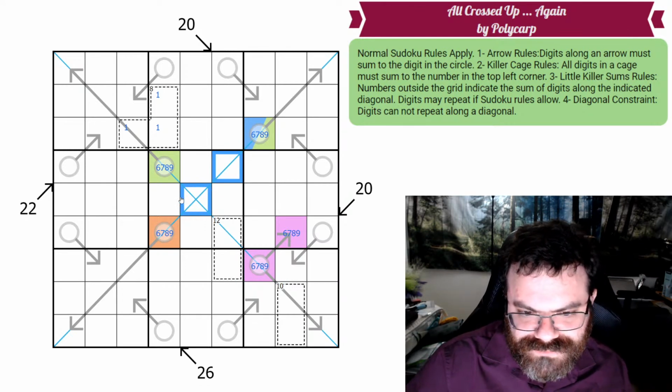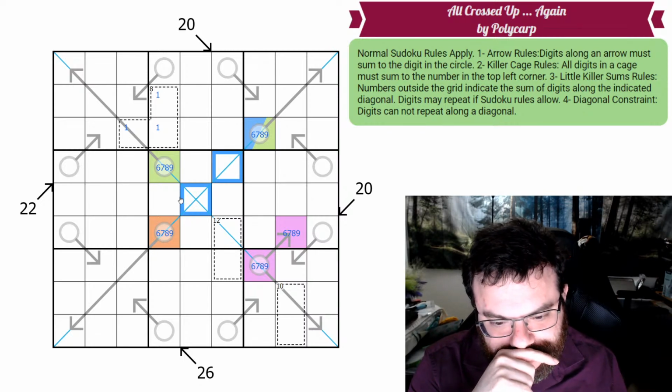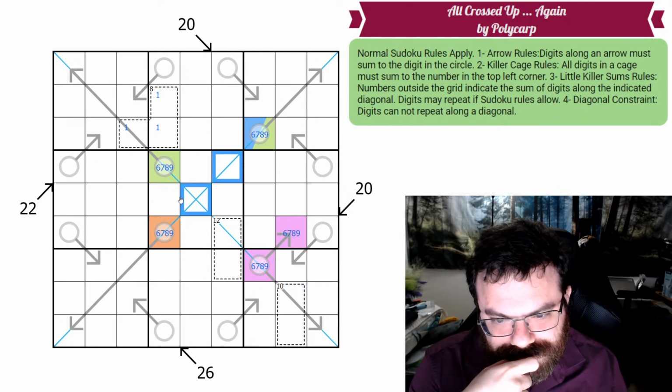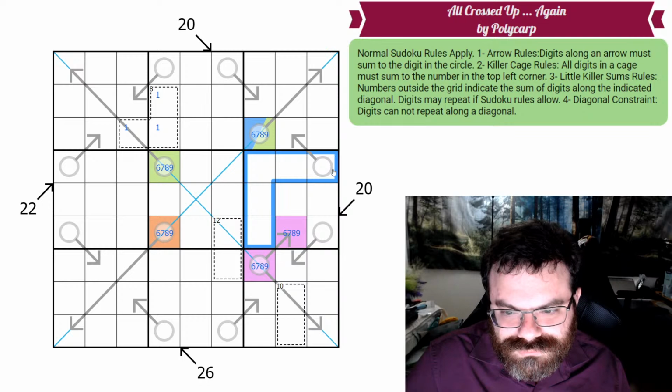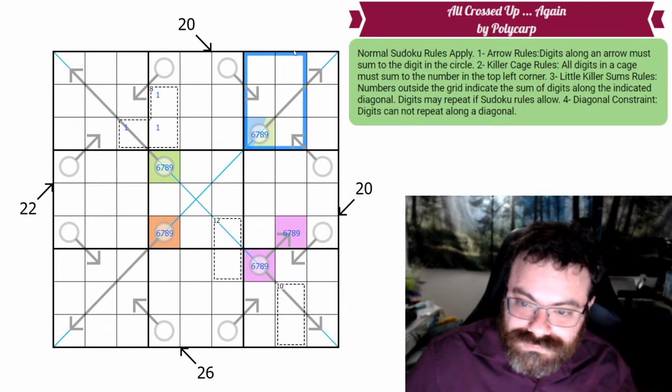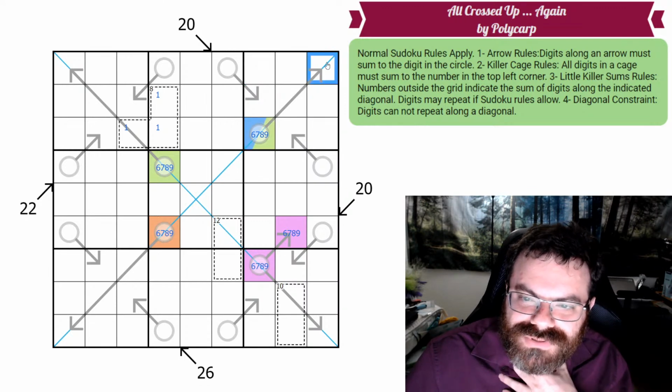They add to 11, 13, or 15. I don't even think I can say purple's not on the arrow.